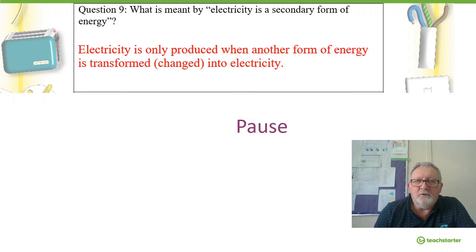Electricity is only produced when another form of energy is transformed or changed into electricity. And that's what makes it secondary. So you've got a primary form of energy or a first form, and when it's changed into electricity, it's the second stage. So it's a secondary form of energy.